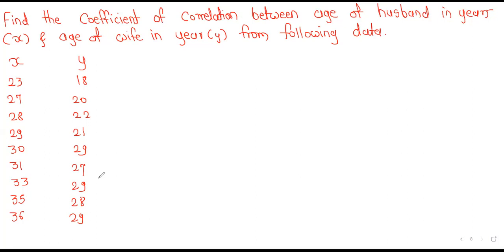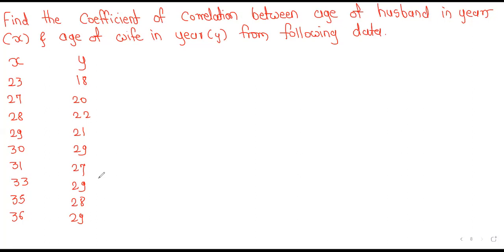So 23, 18, M plus; 27, 20, M plus; 28, 22, M plus; 29, 21, M plus; 30, 29, M plus; 31, 27, M plus; 33, 29, M plus; 35, 28, M plus; and last one is 36, 29, M plus. So 9 values are given to us, right?